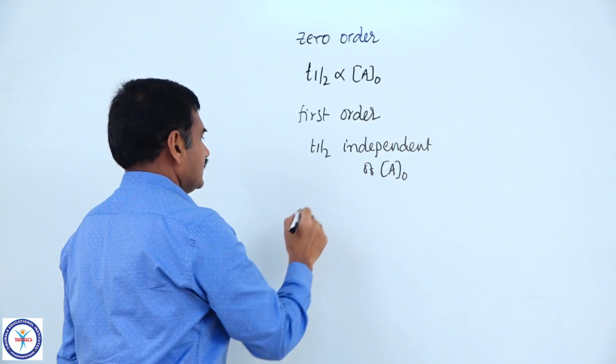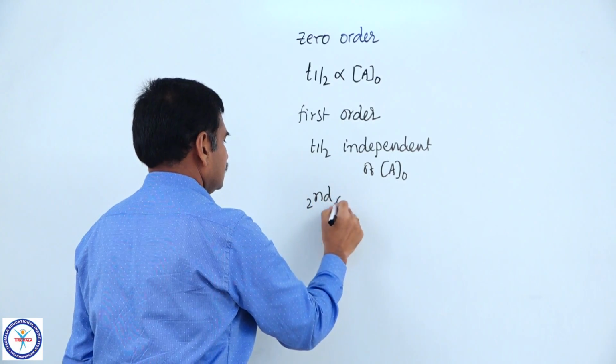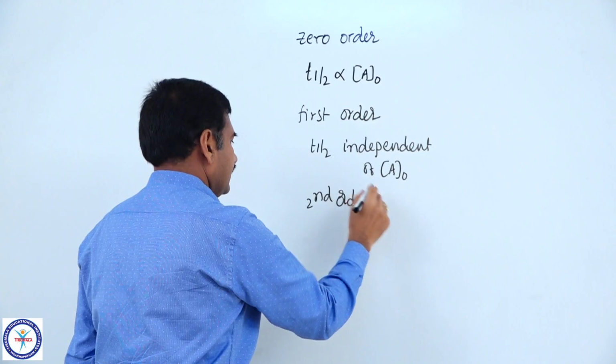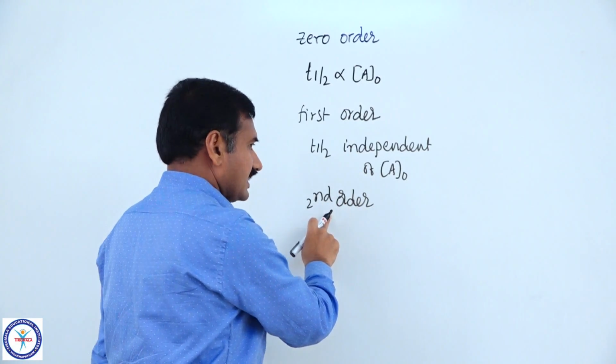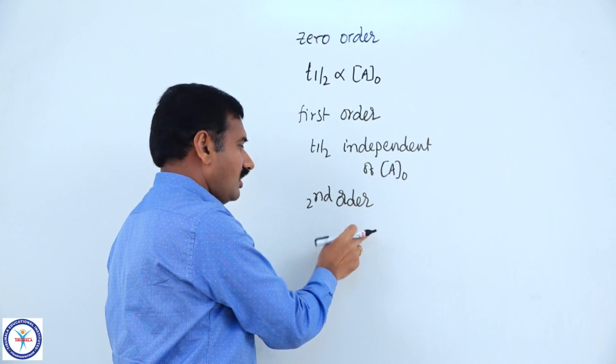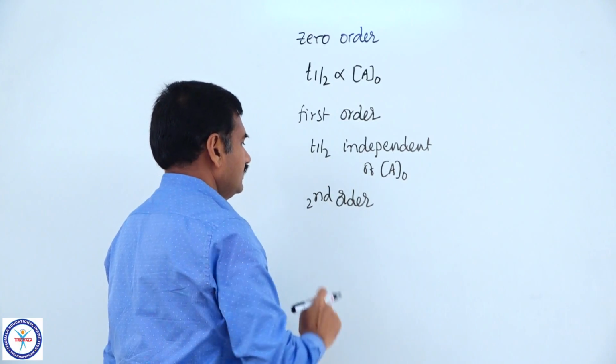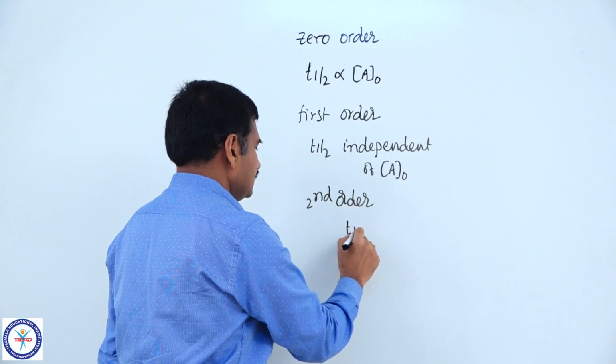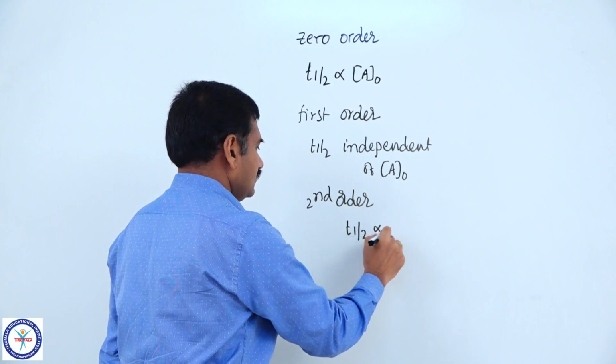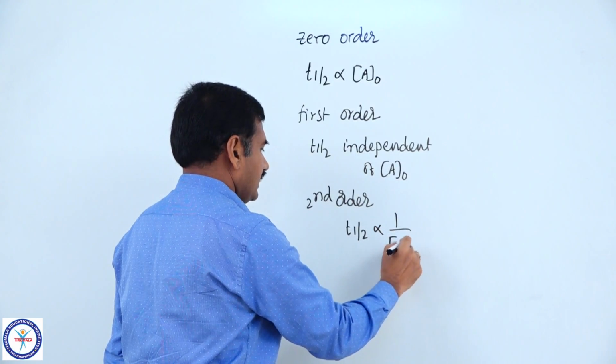And second order reaction, integrated rate equation can be derived from second order reaction also. From that half-life period also will be derived. For that T half is inversely proportional to initial concentration of reactant.